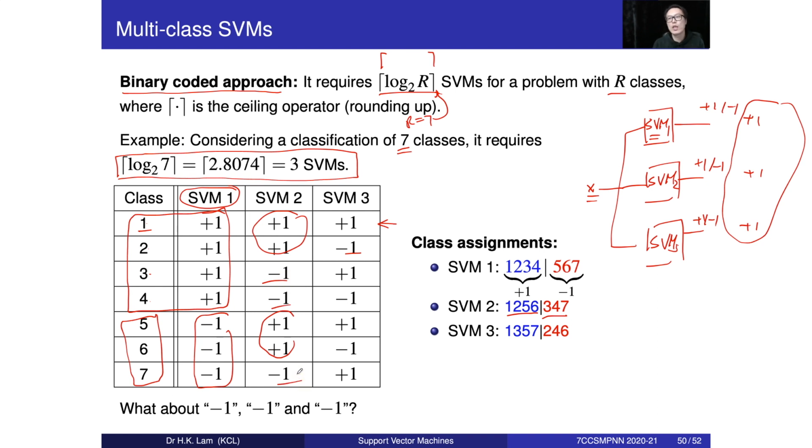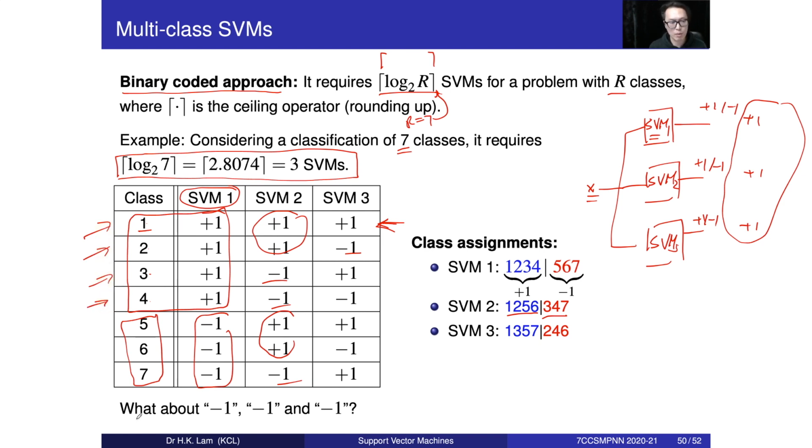So we relabel the dataset to train SVM2, so it can differentiate whether the input X is either 1, 2, 5, 6 or 3, 4, 7. Each SVM cannot tell you which class it belongs to, but when you combine them together using this table lookup, it will map to an individual class.